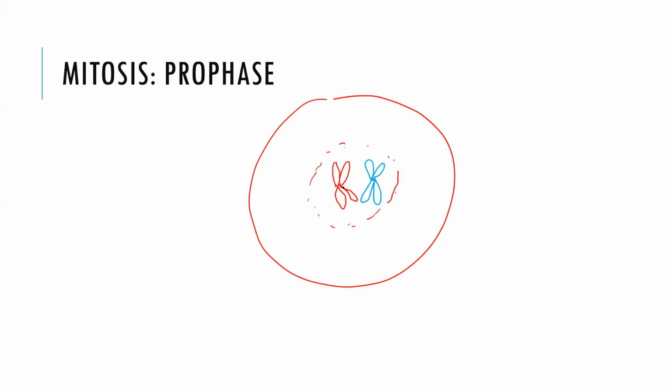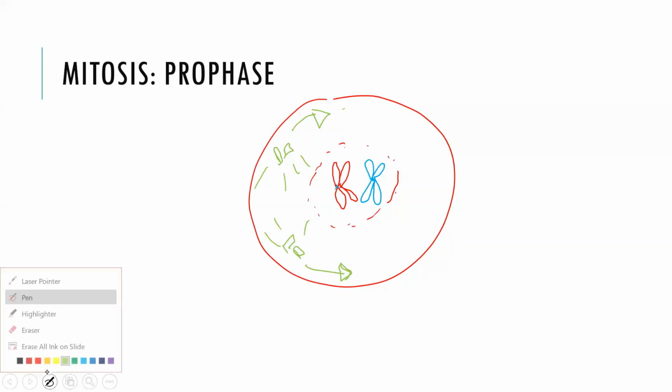Right. So then you have microtubular structures called centrioles. During the prophase, these centrioles start moving towards the opposite ends of the cell. Yeah, so that's what happens during prophase.